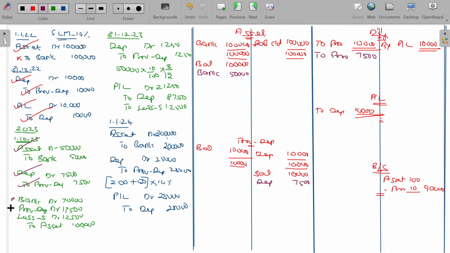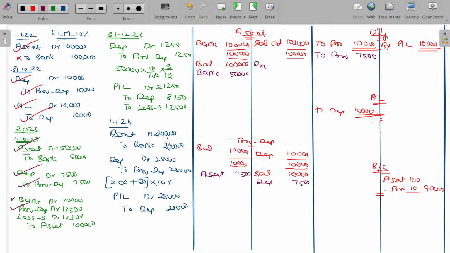Forget about the bank. In provision for depreciation to assets, for any asset sold, the accumulated depreciation available in provision is transferred from provision to asset account on sale. So here asset, the value being 17,500. That 17,500 represents the depreciation on the asset sold since the date of purchase to the date of sale.